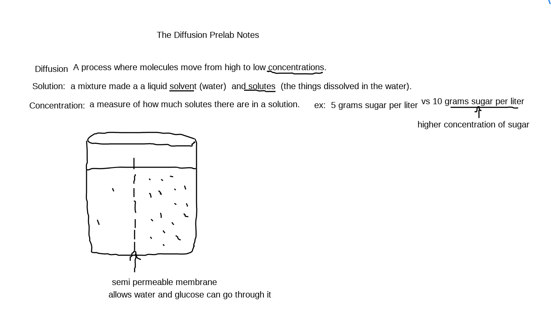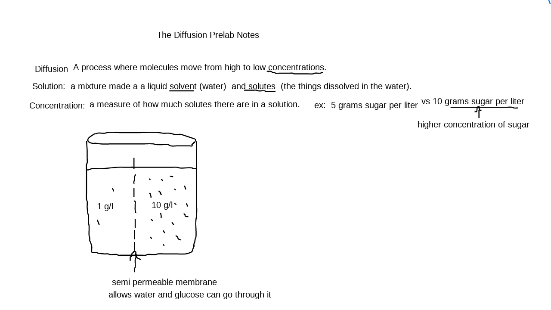So maybe we've got 10 grams per liter over here, and over here we have only 1 gram per liter. Okay, so the concentration of glucose is higher over here than it is over here. And according to what I've told you, this semi-permeable membrane will allow glucose to go through it.